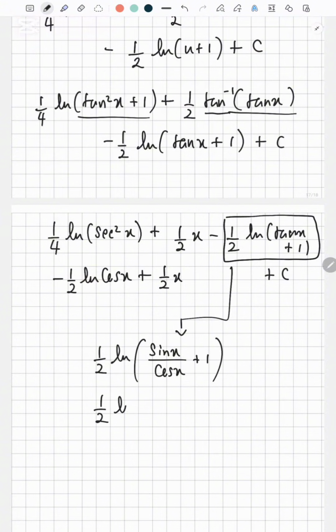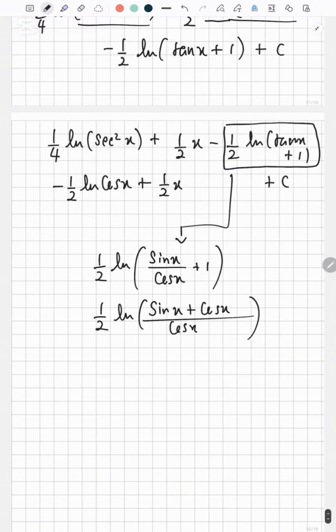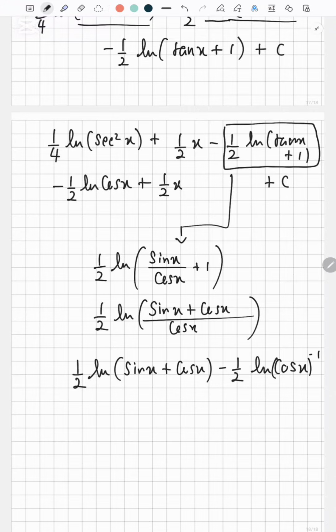So it's half ln of sin x plus cos x over cos x, giving you, so you can rewrite this as half ln of sin x plus cos x minus half ln of cos x to the power minus 1, right?